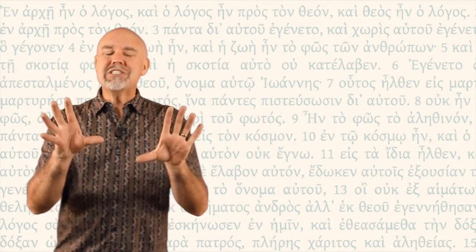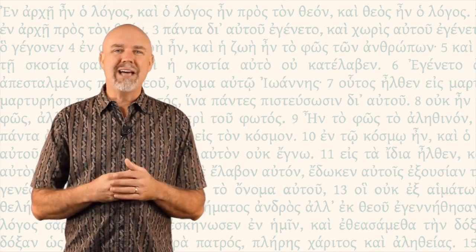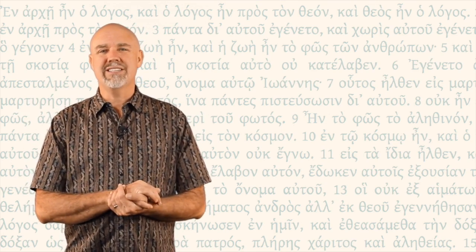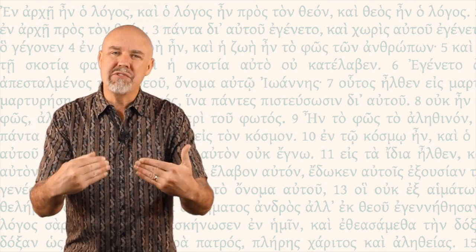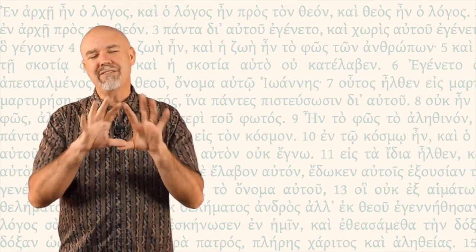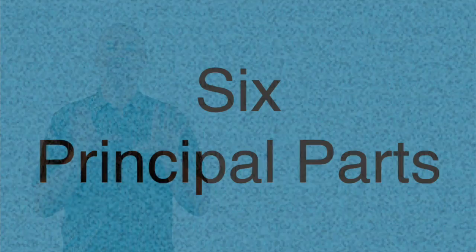And you can despise this and say, I wish this was a Christmas tree farm and that every tree looked exactly alike, but wouldn't that be dull? No, Greek is much more interesting than that, and in fact each verb has its own little idiosyncrasies, and so to understand a verb fully, you have to really have a clue as to its six principal parts.